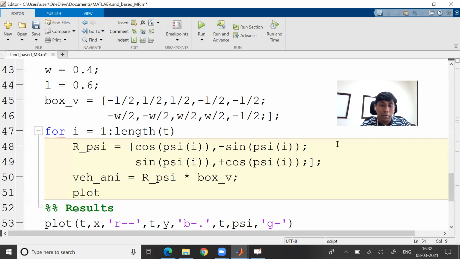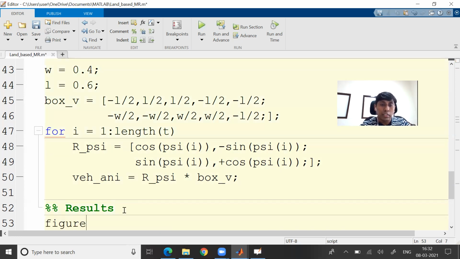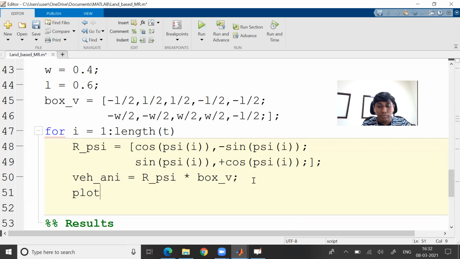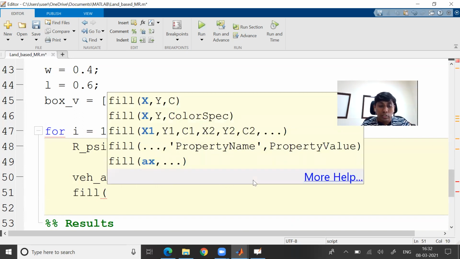So now I'm plotting. Okay, I'll just make it one figure here. I'll add. Okay. So here what I'm trying to show is a plot. I'll first fill the gap, or you can say the box.